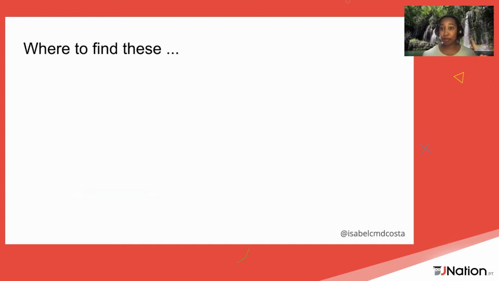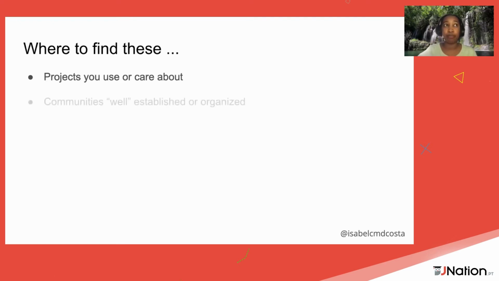Now, to wrap up the where, I want to just summarize where can you find projects and communities. In terms of projects, you may use open source libraries, just as I said, that you use at work and you want to enhance the features. So you can look at projects you use or projects you care about that you know are open source.